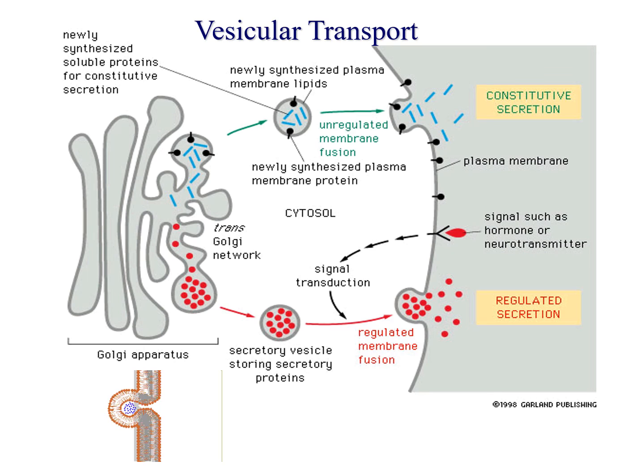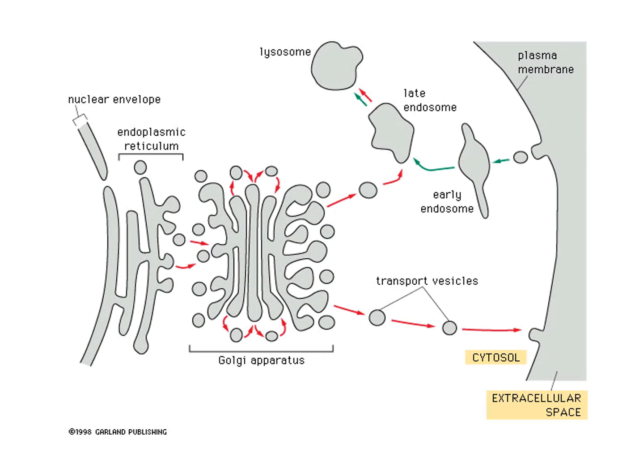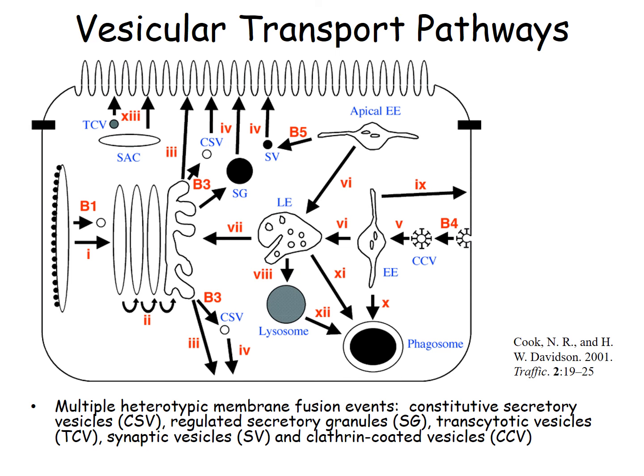Okay, I think we've talked about this, constitutive, regulated. And then the biosynthetic pathway is here to the endosomal lysosomes. Golgi, the stacks, early endosome, we've seen this as well.